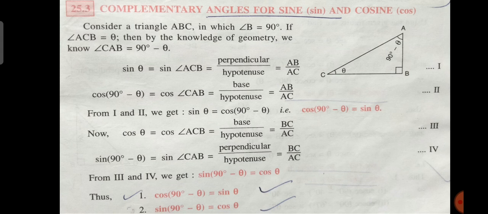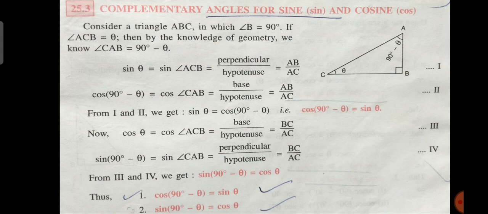By geometry, we know angle CAB, angle A, is 90 degree minus theta. So sin theta is perpendicular by hypotenuse, which is AB by AC. And cos of 90 minus theta is base by hypotenuse, BC by AC.